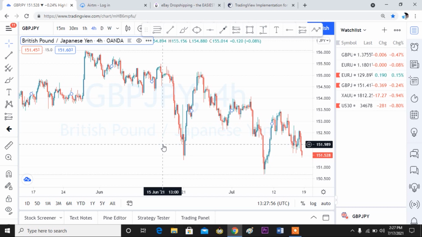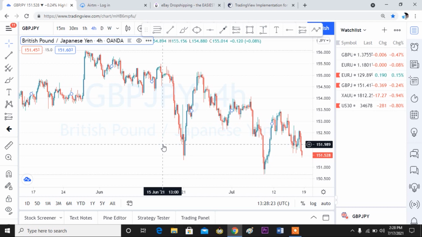Psychological levels are round-off numbers in the forex chart. It's just as easy as that, and oftentimes they are used in place of support and resistance levels. It saves you the stress of trying to identify which is a support level and which is a resistance level.